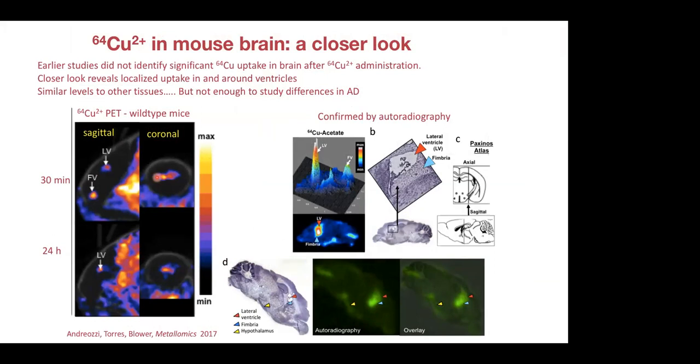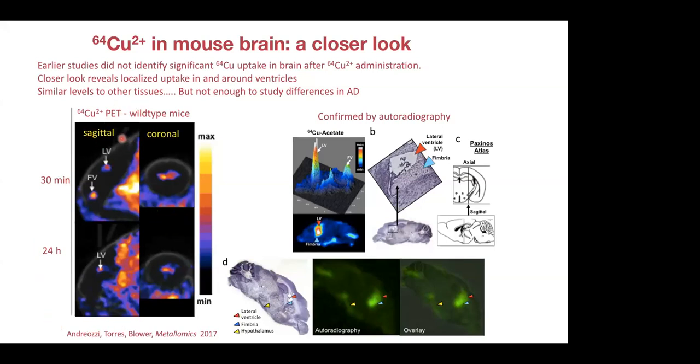But fortunately, the postdoc doing this work, Erica Andriozzi, was a little bit more persistent, and she took a closer look at the brain, and it turns out that it wasn't completely free of copper uptake. There was a tiny bit of copper uptake, but very highly localized to the areas around the ventricles. What you're seeing in the image on the left is a sagittal section through the mouse brain.